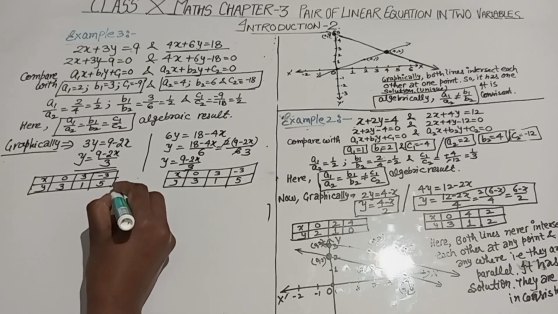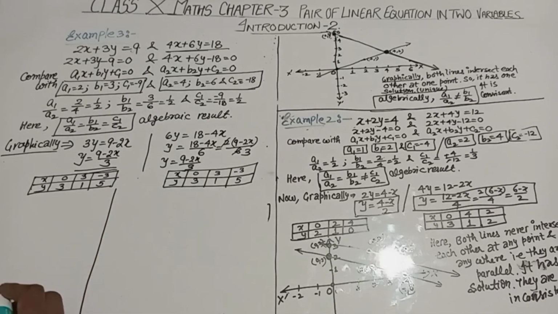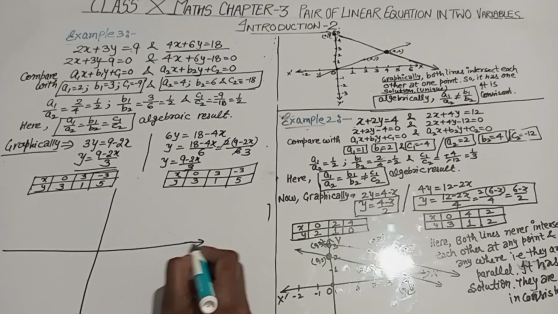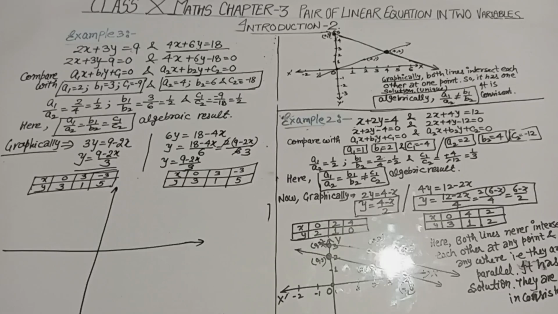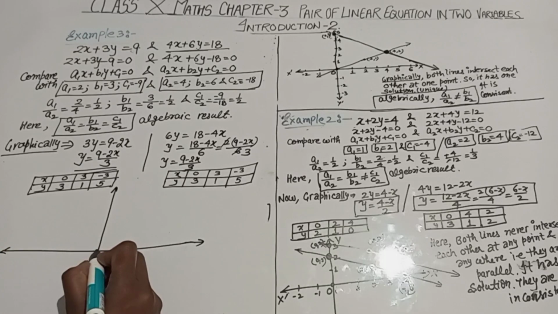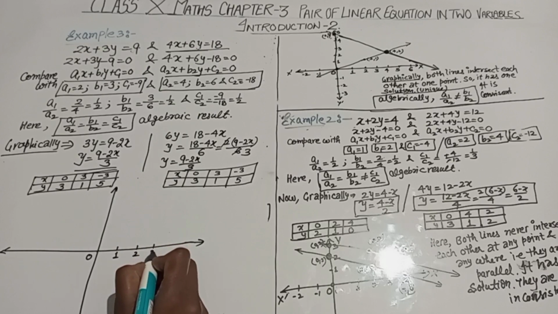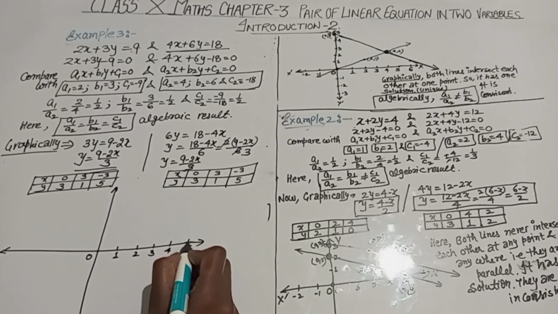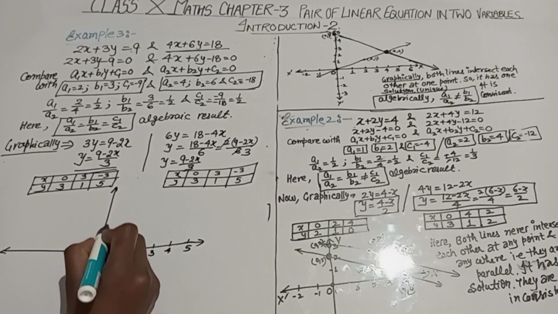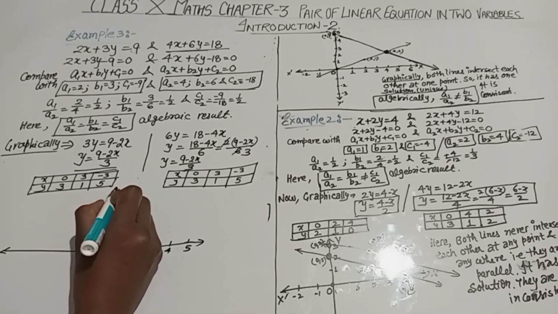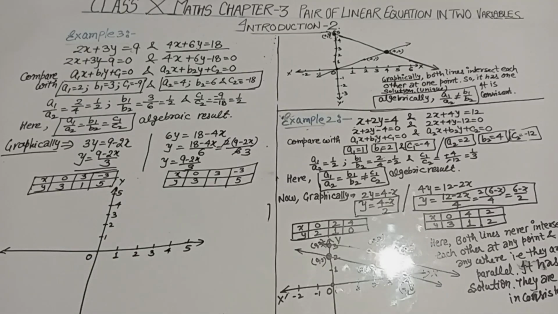So here is the graph. 0, 1, 2, 3, 4 and 5. Here is 1, 2, 3, 4 and 5 on the Y-axis.